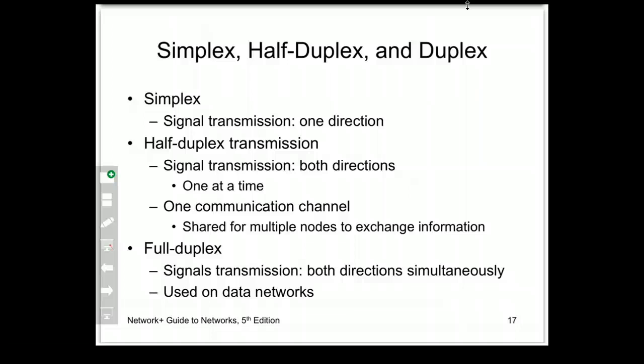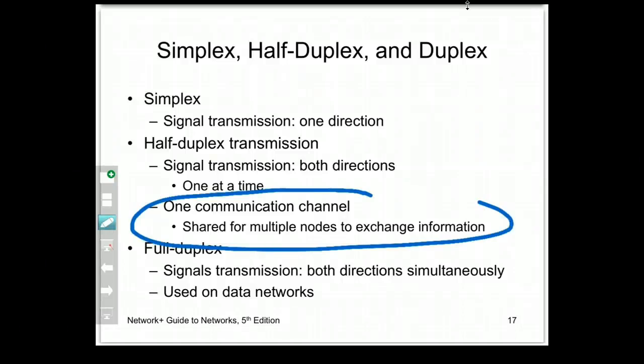Literally might have 10 people working in 10 separate booths, all communicating at the same time, maybe on the same channel, but if you know about radio a little bit, they can be off by a .1 or a .2 on the radio dial. But they own one license for a range of, say, 90.7 to 90.9 or something. So anyway, they would use this half-duplex, specifically this one right here, with one communication channel and multiple nodes exchanging information for that medium.